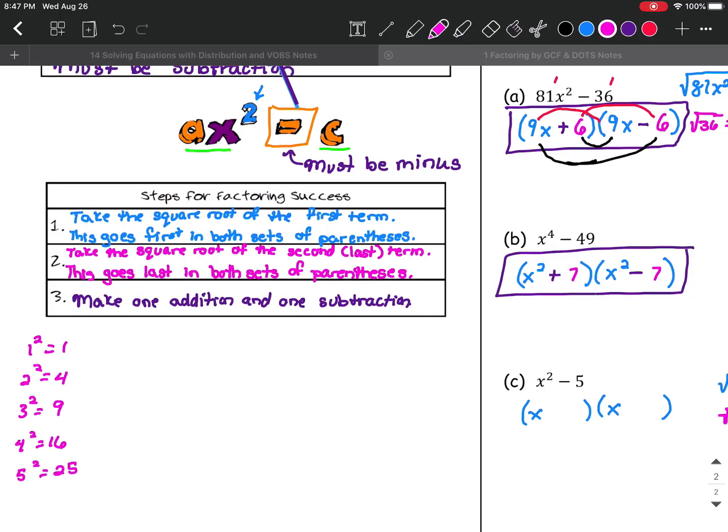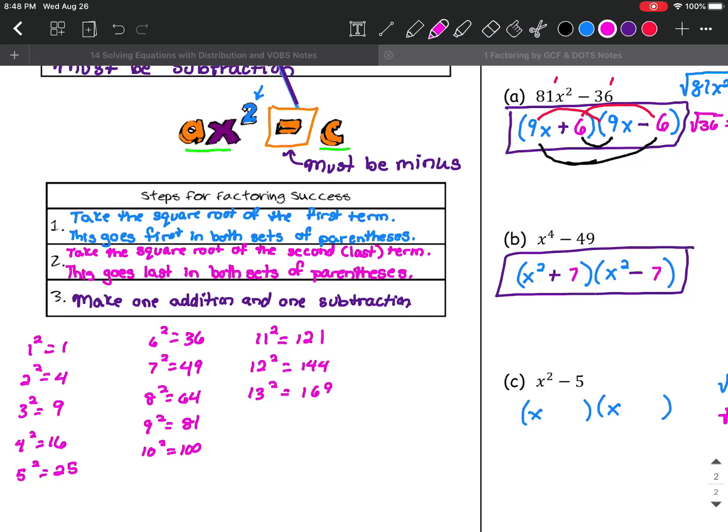These are ones you should know. 6 squared is 36. 7 squared is 49. 8 squared is 64. 9 squared is 81. 10 squared is 100. You should probably also know for Algebra 2 and Intermediate Algebra, 11 squared is 121. 12 squared is 144. And 13 squared is 169.